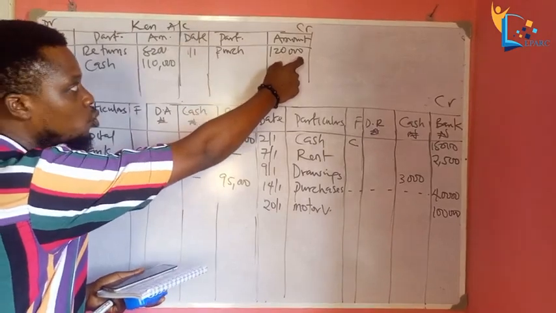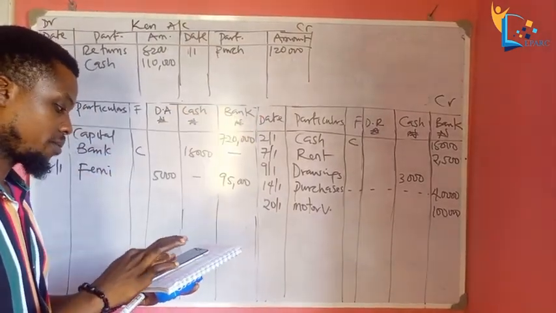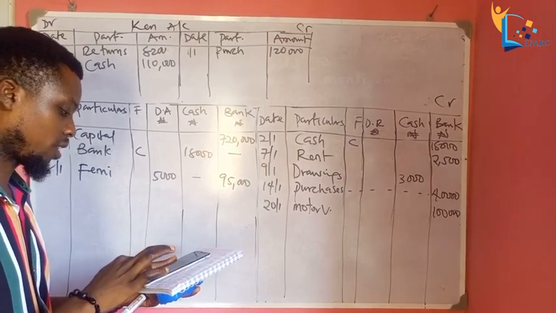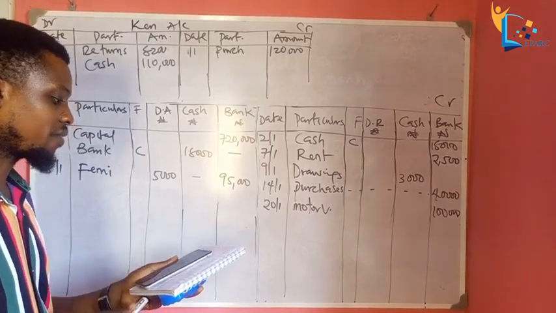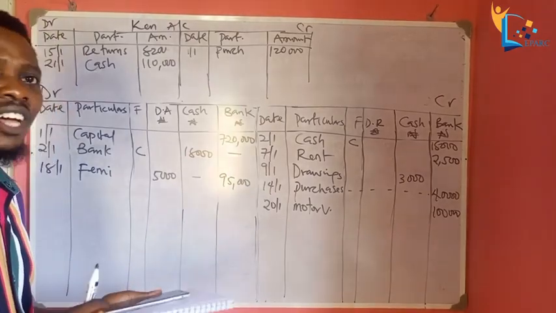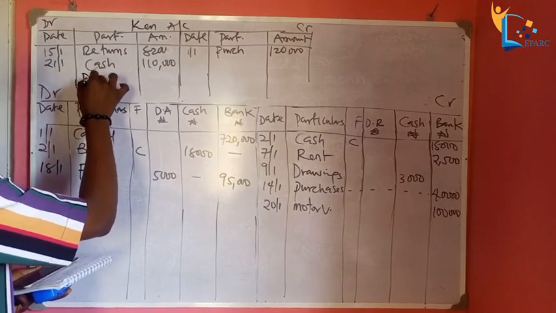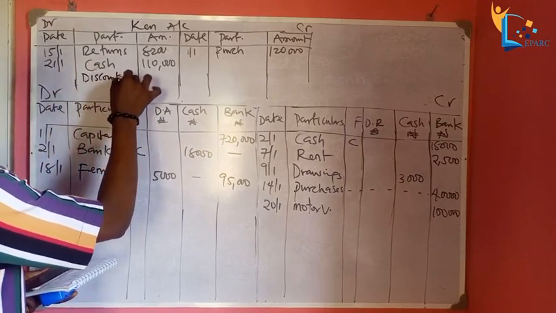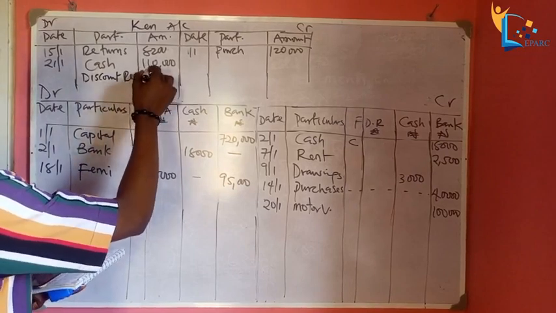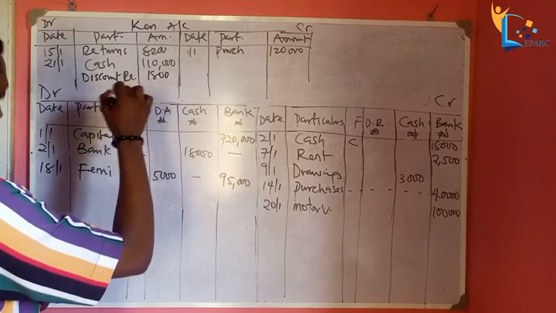Then let's deduct it from the total purchase, 120,000. So what we have there is 1,800. So this 1,800 is our discount received.